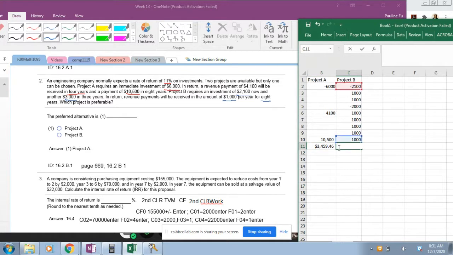Project B equal to NPV opening bracket, value is here, and then plus initial. So obviously you should choose project A.